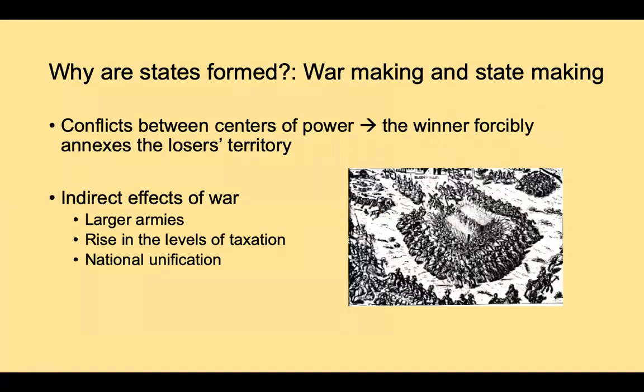Now, the question of why states are formed is of perennial importance because we must understand and recognize that in the struggle between political associations to establish and solidify central control, there are always far more losers than there are winners. All of the states that exist today, France, Italy, Japan, etc., all of these states represent associations that won the competitive struggle between competing associations to establish a monopoly of legitimate violence.